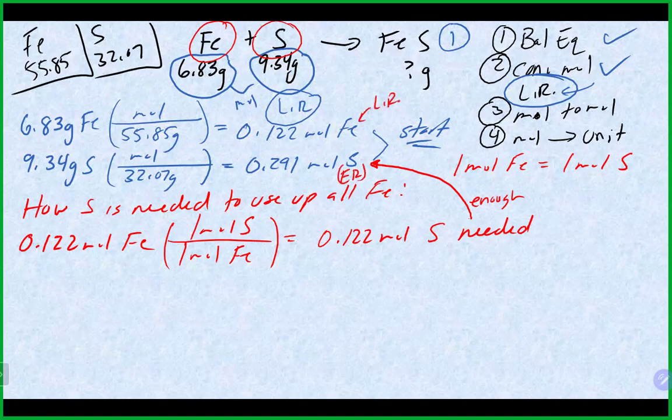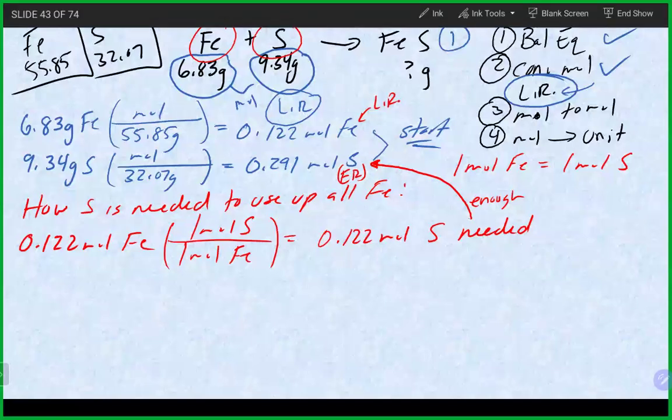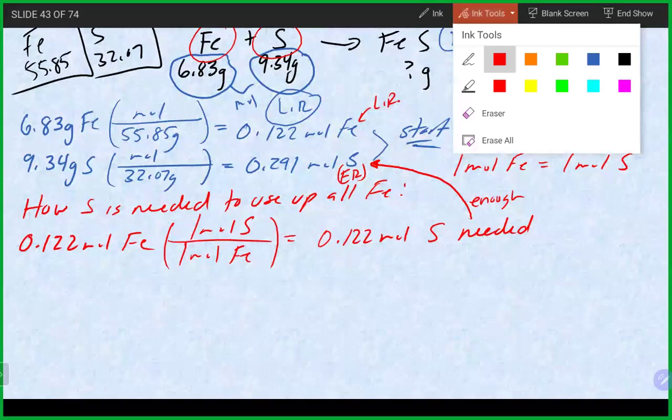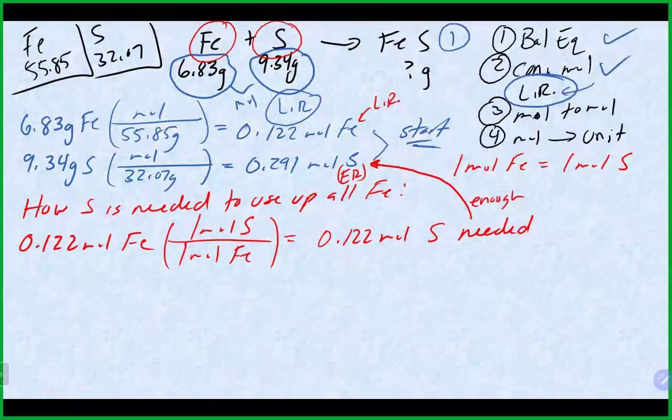Any questions on that calculation? Once again, the importance of doing this calculation is that it is always the limiting reagent that determines how much product you make. So you have to determine it from a calculation, not by whichever one has the smaller number of moles.